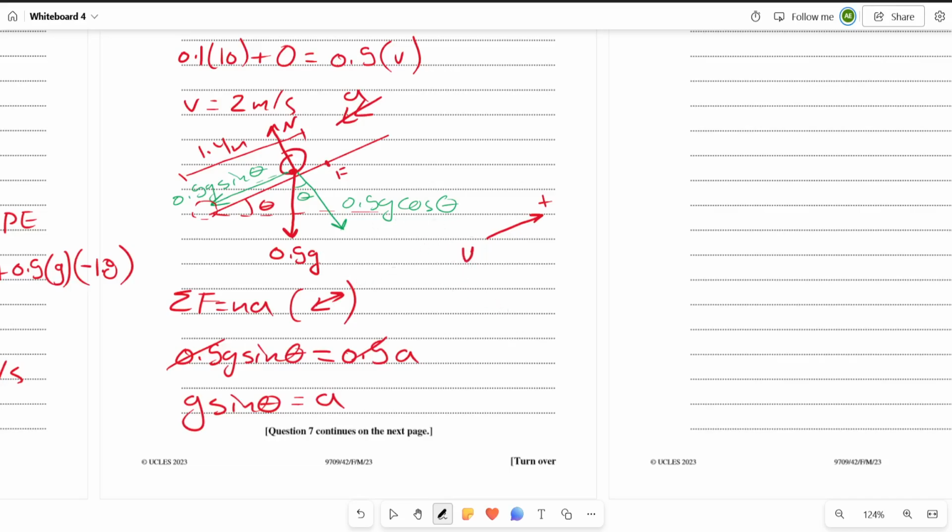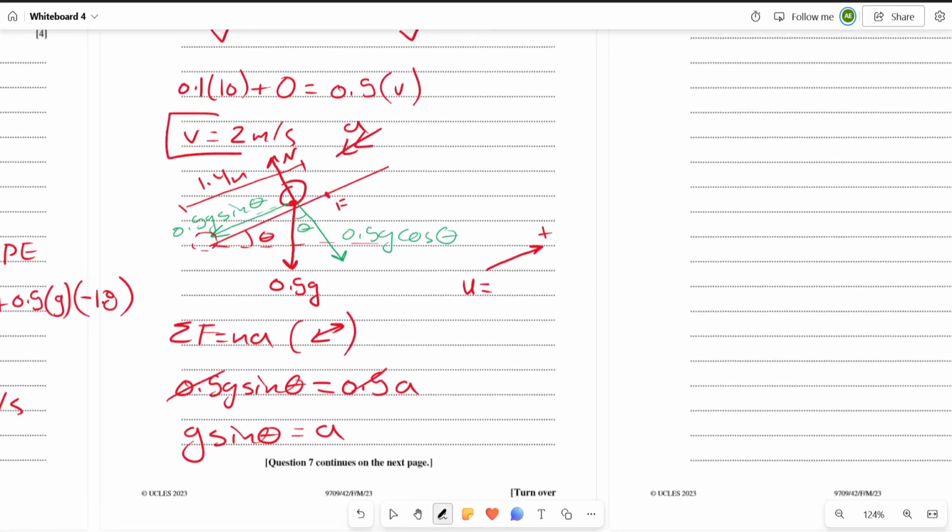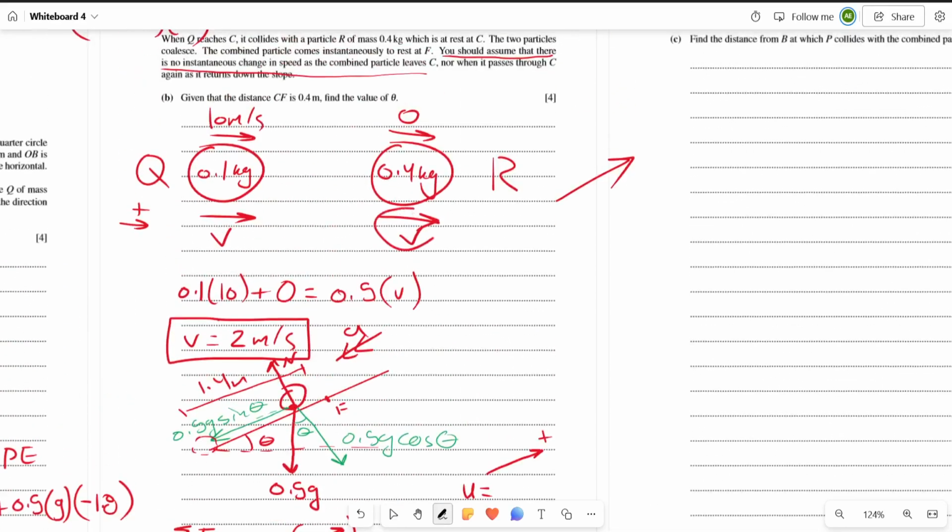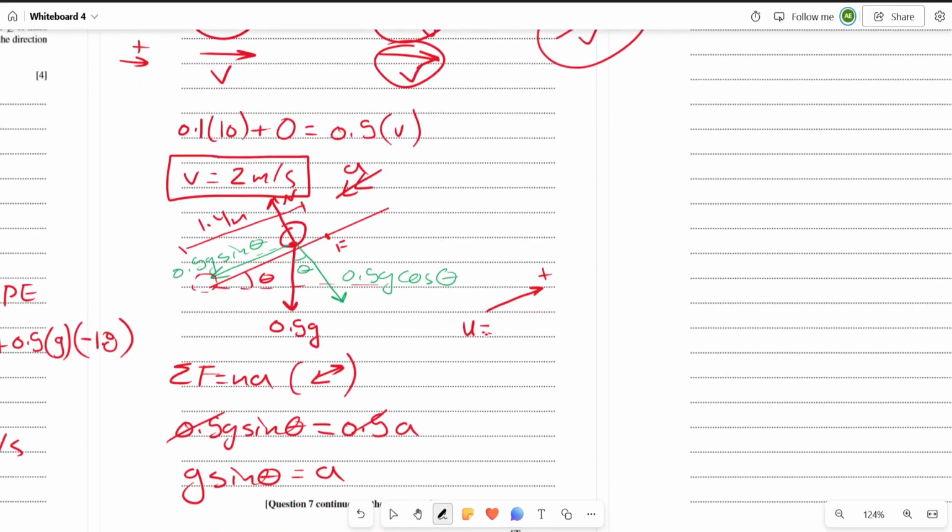We know that u, or the initial velocity of the particle, is going to be this velocity that we calculated earlier after the collision, and we said that this horizontal speed is going to equal this inclined speed because of this assumption that we had in the question. So our u is going to be up the slope 2 meters per second. Our distance or displacement is going to be 1.4 meters.